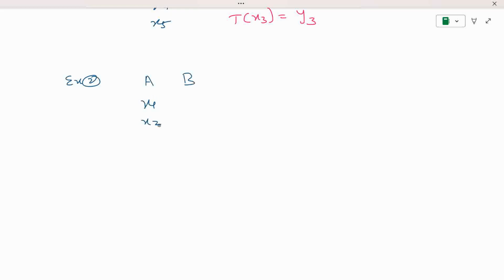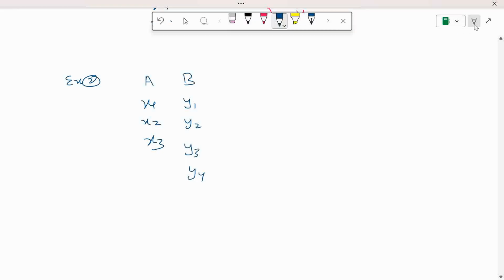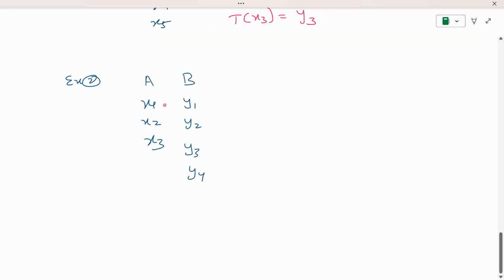Here we have three elements x1, x2, x3, and in set B we have elements y1, y2, y3, y4. We have a mapping like this, and there is no mapping for y4.